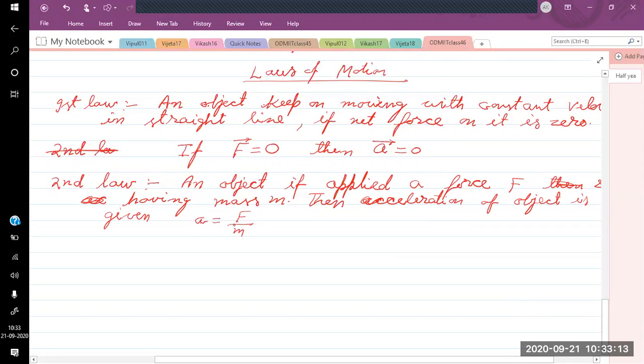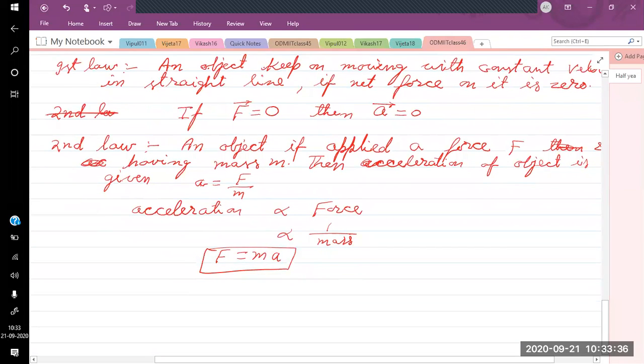It means the acceleration is proportional to force and inversely proportional to mass. In other words, we can say F equal to ma.